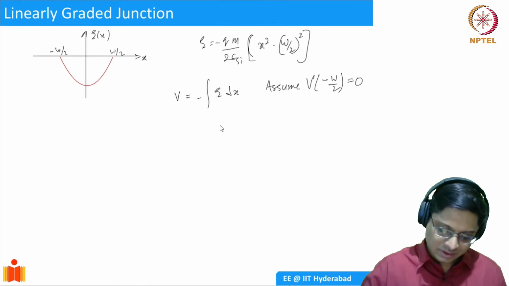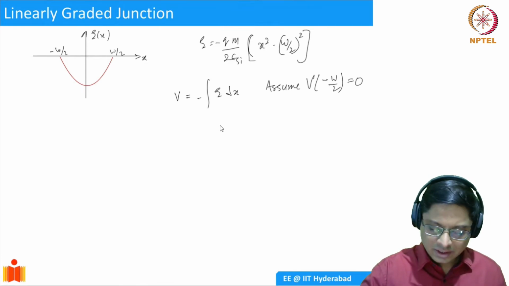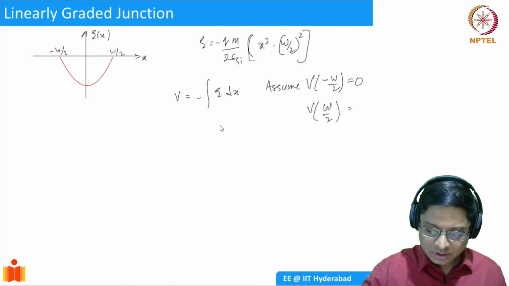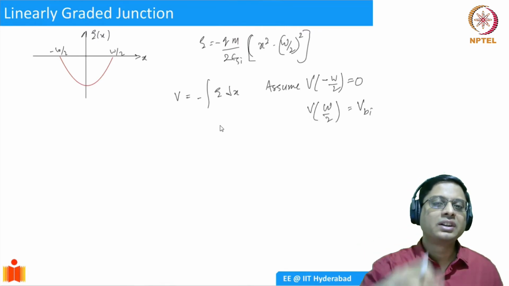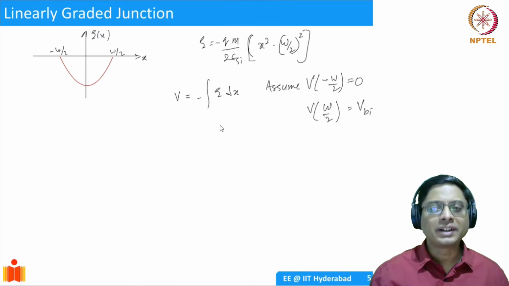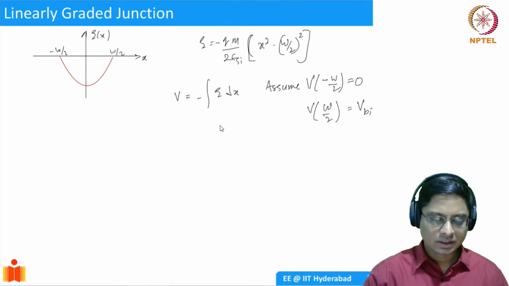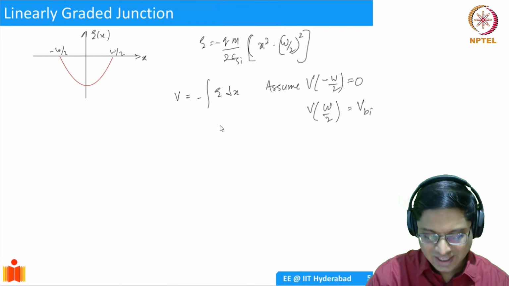So, this is one of the boundary conditions, and we can say that V of W by 2 equal to V built in. So you go to the other extreme, you integrate all across the depletion region, and whatever you get is built-in potential, right? So V at W by 2 is built-in potential. Okay. So you can integrate this. I will leave it to you.